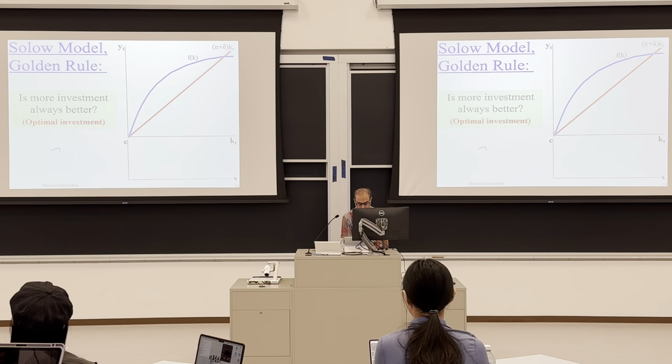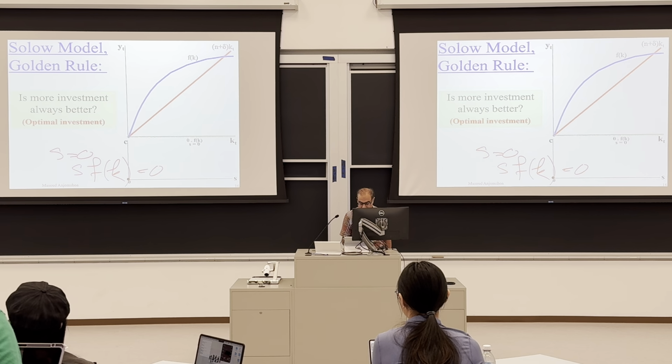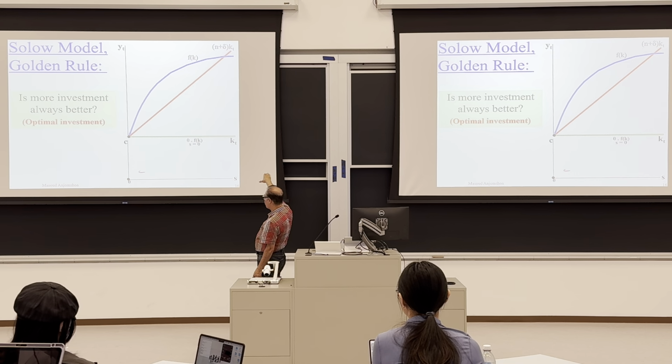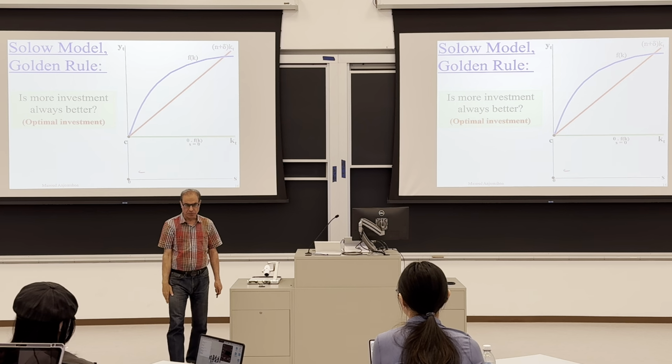Suppose s equals 0. So then s f(k) is what? s f(k) is 0. Do you see that the investment line is the horizontal axis, s f(k), because s is 0?